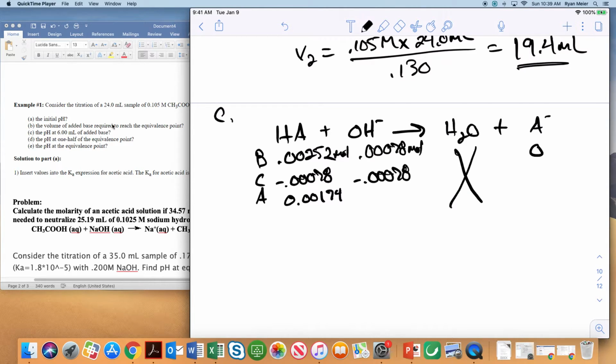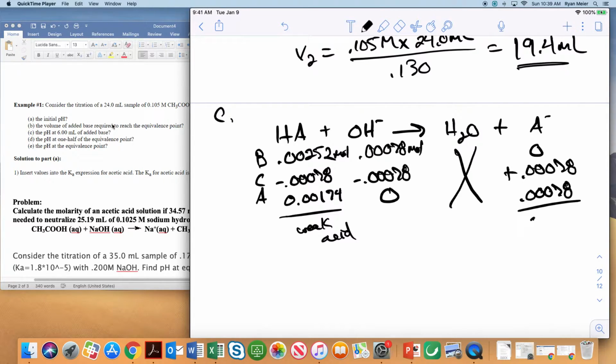And then the other one I'm going to get 0 for the hydroxide. And then I have 0.00078 of my other conjugate ion over here. So at the end of my BCA table, what we should always be asking ourselves is, what's left? Well, I have a weak acid, right? And I have its conjugate base.